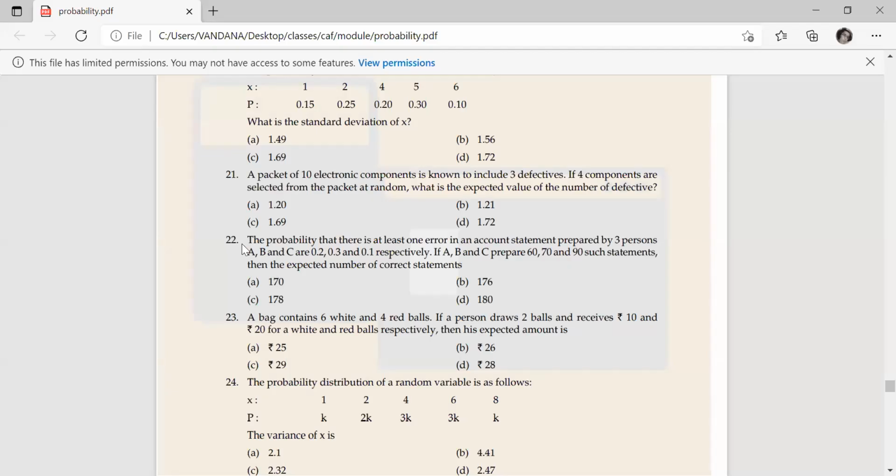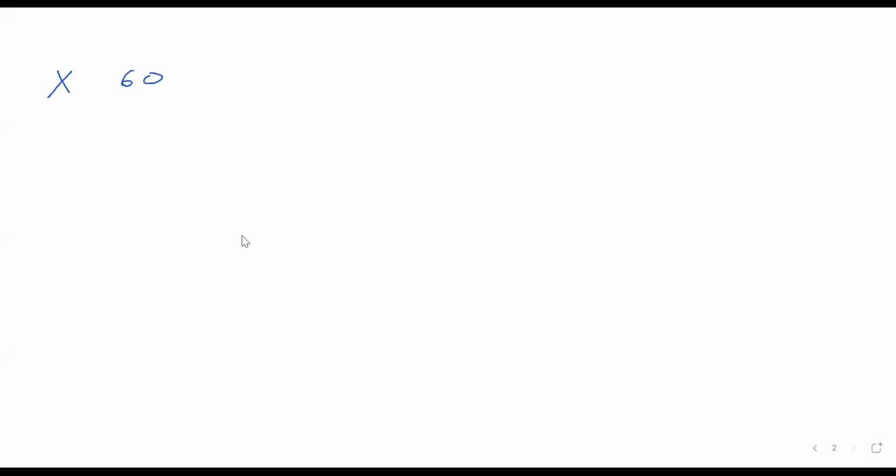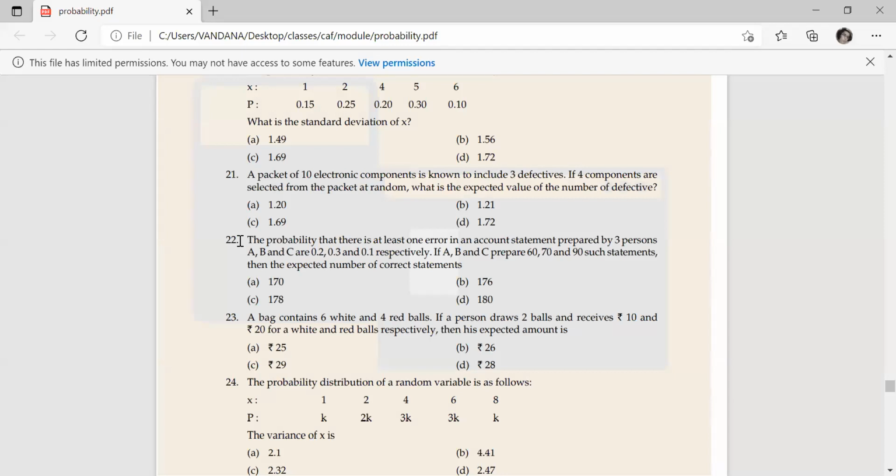If X is the number of statement, then they have prepared 60, 70, 90 statements. And the probability of at least one error is this. But we want expected number of correct statements.